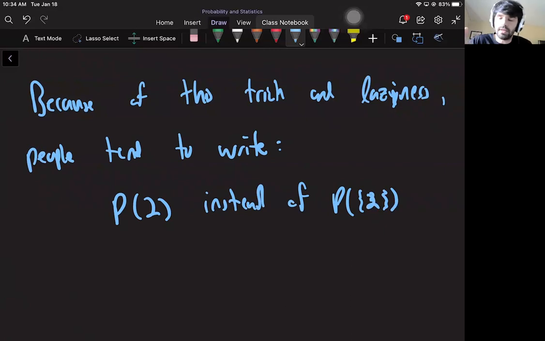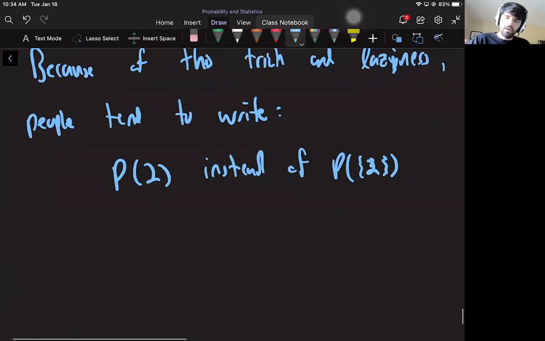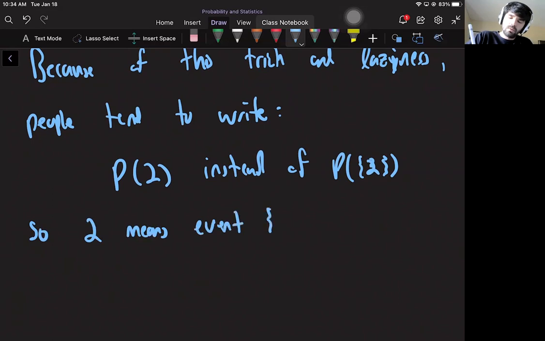So they just write it to mean the same thing because they get tired of writing all these extra curly braces. So 2 means the event 2 in this case. So we're going to follow this tradition from now on.